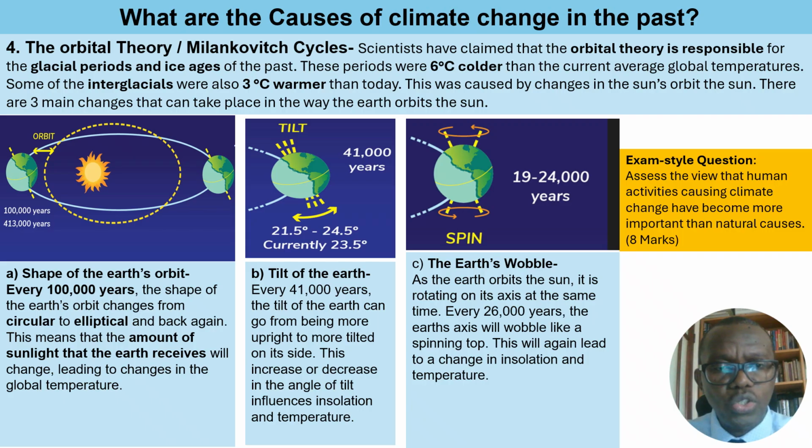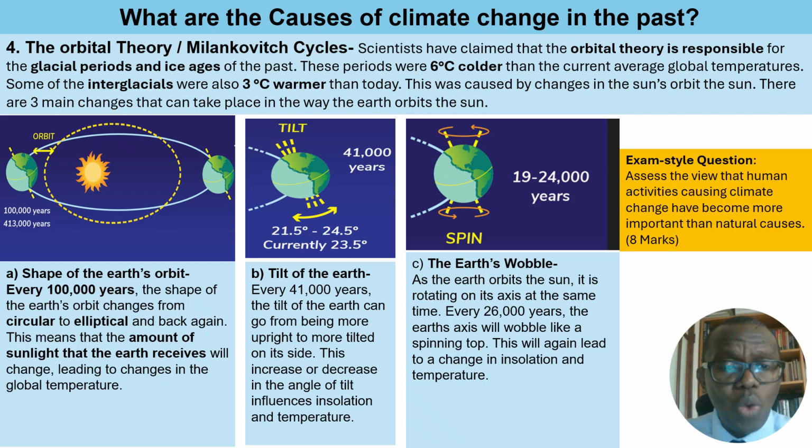Okay, so next cause. The fourth cause of climate change in the past is the orbital theory, or what is also commonly referred to as the Milankovitch cycles. So scientists have claimed that the orbital theory is responsible for the glacial periods and ice ages of the past. Okay, so these here are what have been said to be the cause of the glacials and interglacials.